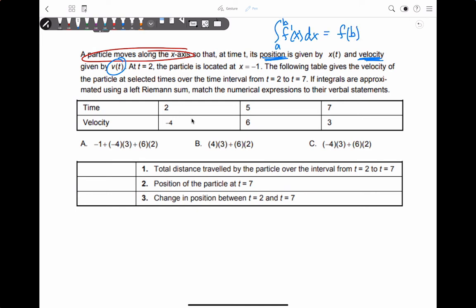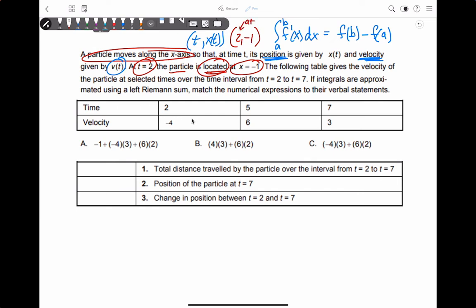At time 2, my input is 2. Let me go ahead and put that as t, x of t. That's my input and output. My time is 2, so it'll be 2. My output, my position, if you will, my location, is -1 at 2.